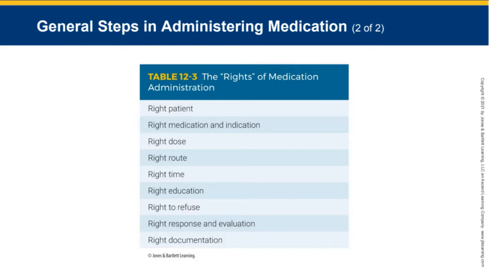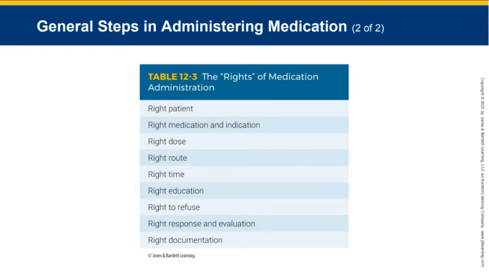Right education. Inform the patient of the medication you intend to administer, including any likely side effects or unusual sensation he or she may experience. If you're going to be administering a nitroglycerin tablet, ensure you tell the patient, hey, sit down, because when you put this tablet under the tongue, you may feel a little dizzy.